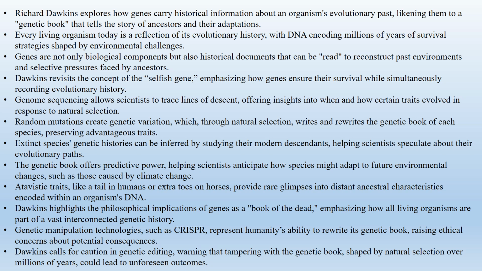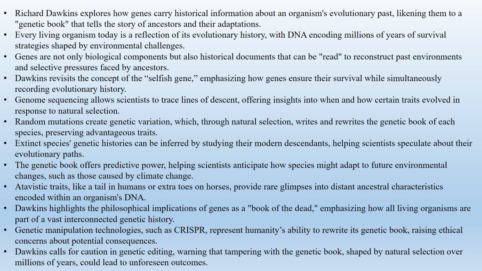The final chapters of the book explore the ethical dimensions of genetic manipulation and what it means for our future. Dawkins acknowledges that, as we gain greater control over our own genetic codes, we are effectively rewriting the genetic book. The potential for genetic editing through technologies like CRISPR allows humans to alter their own evolutionary path, something that no species has been able to do before.